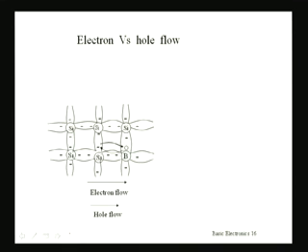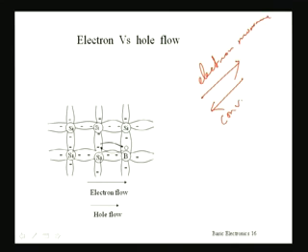Now if we consider how the current flows in a semiconductor, so far you have been learning that current flow is due to the movement of electrons, and conventional current is always against the direction of movement of electrons. Suppose if electron moves in this way, then conventional current direction will be in the opposite way. This is electron movement direction, and this is conventional current direction.